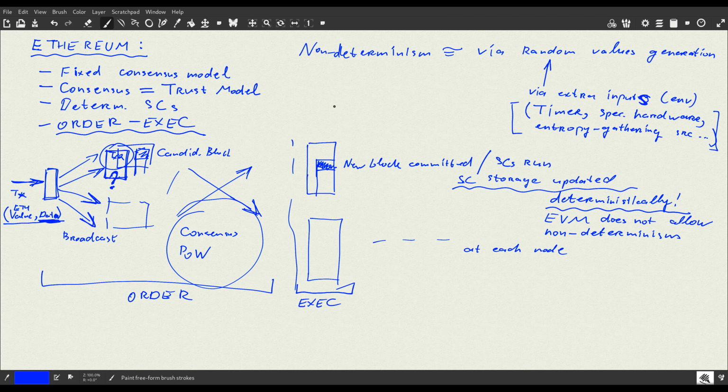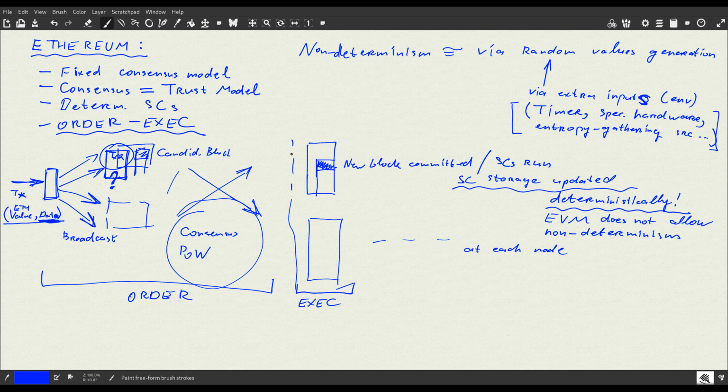Obviously, you may say that you don't even want non-deterministic behavior because, after all, it looks like it contradicts the whole notion of consensus. Yes, it would contradict the notion of consensus, but only if you do execution of smart contracts after ordering. In that case, of course, non-determinism is not allowed in smart contracts, obviously.